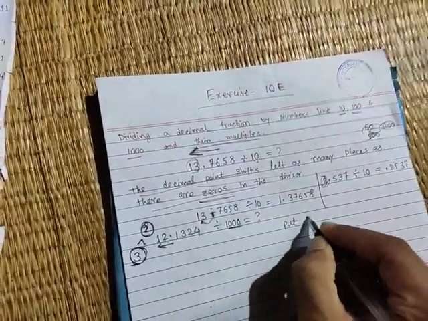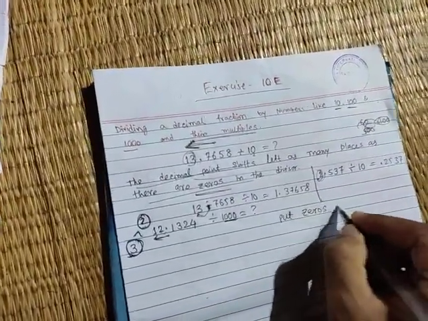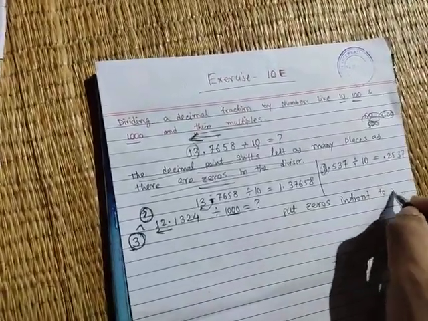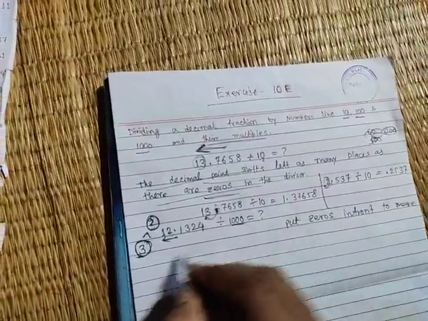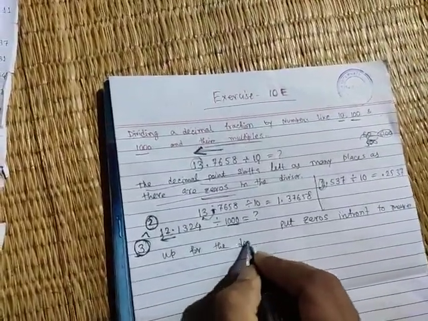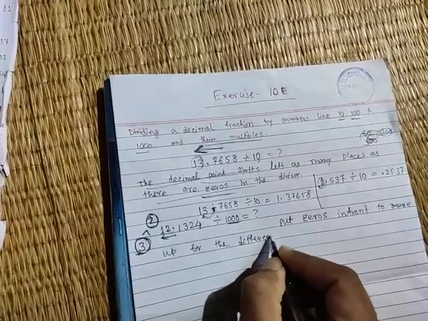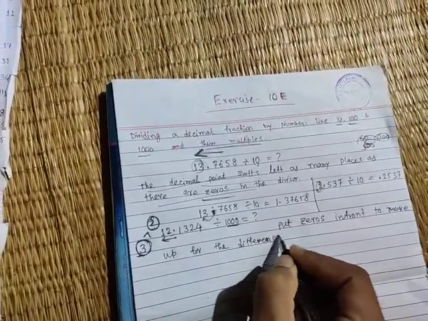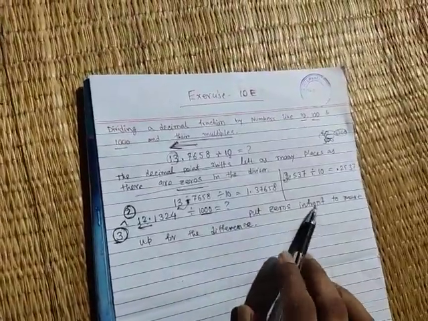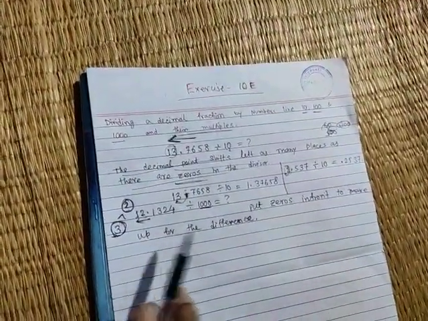Put zeros in front to make up for the difference. Clear this line? Put zeros in front to make up for the difference.